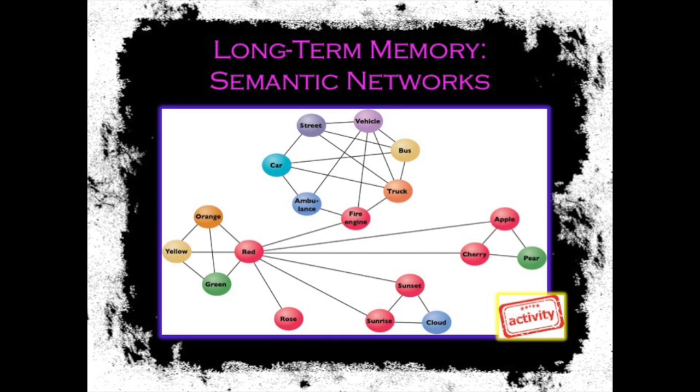So another way that we remember information, that could be something that happened a long time ago or just any information, is with what is known as semantic networks. This is one of the main ways that our long-term memory works. And so semantic networks are mental representations of clusters of interconnected information. So for example, you have kind of these categories in your brain: fruit, and then there's grapes, apples, pineapples.